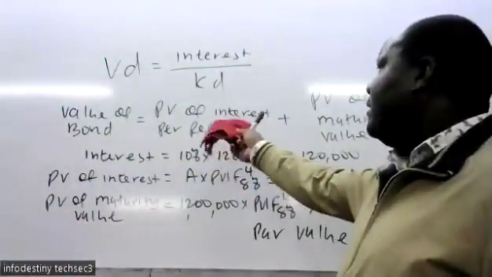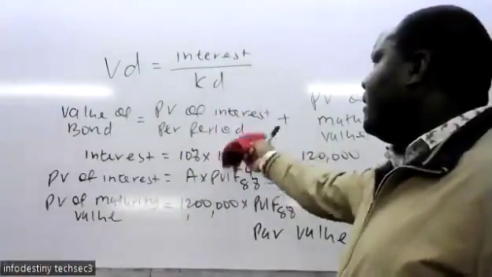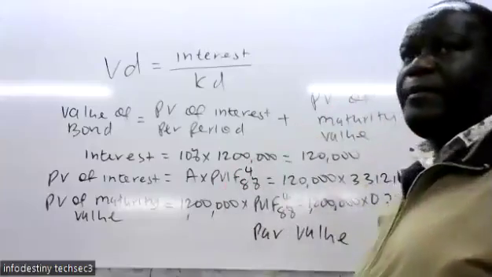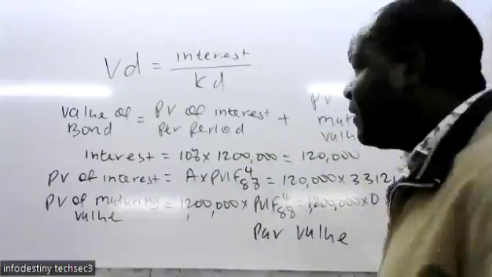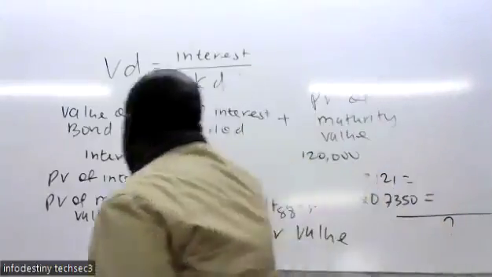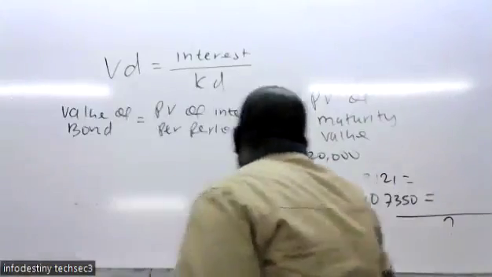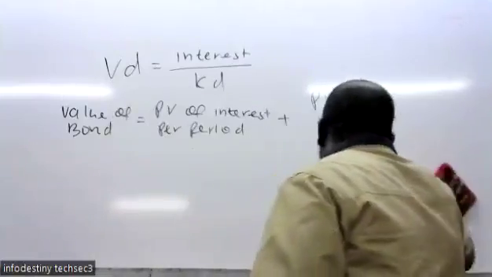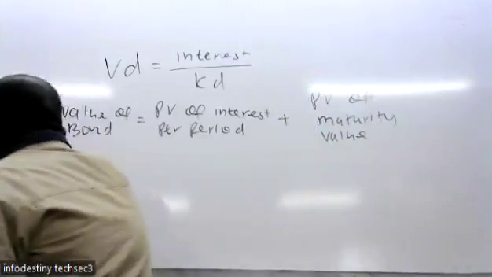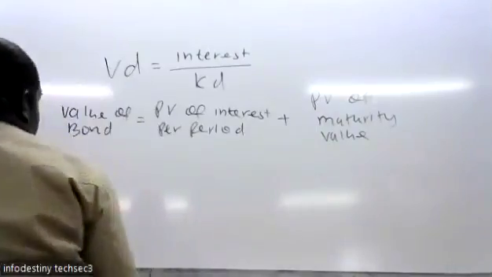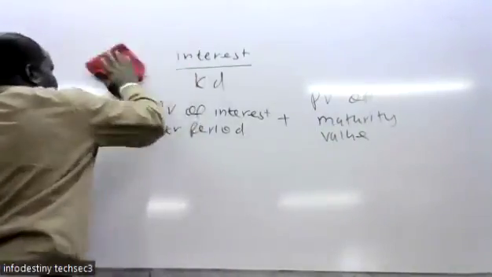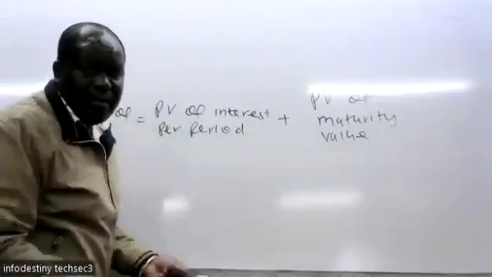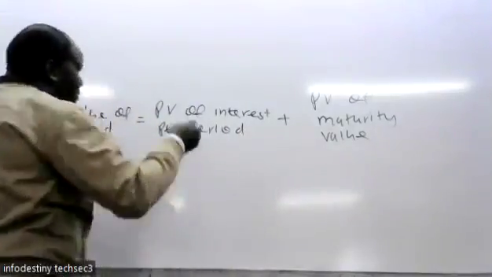Value of the bond is simply equal to present value of the interest per period, and we add present value of the maturity value. So we shall apply the same formula so that we come up with the market value of the bond.